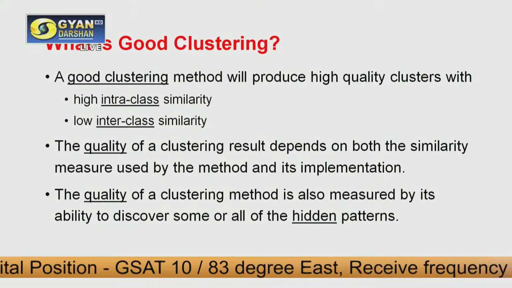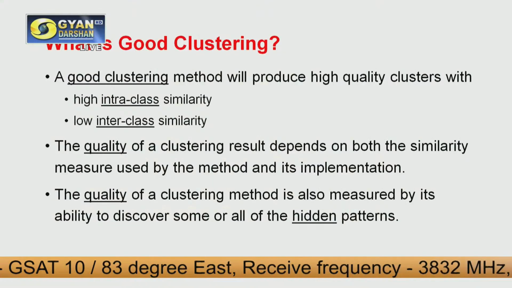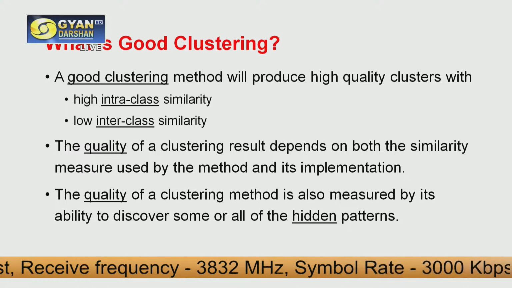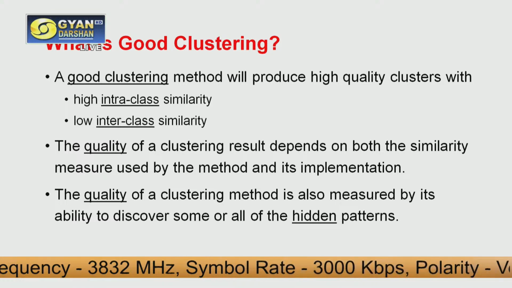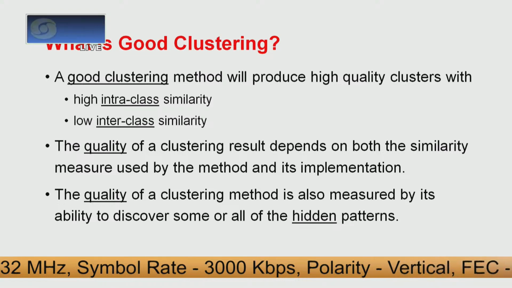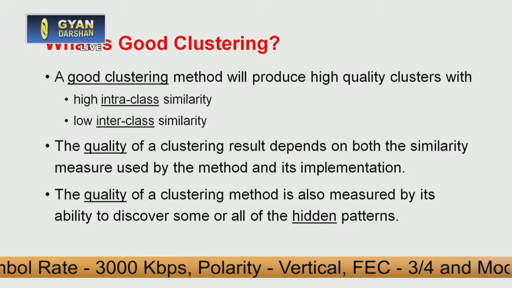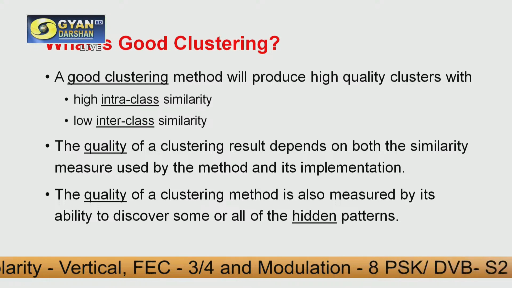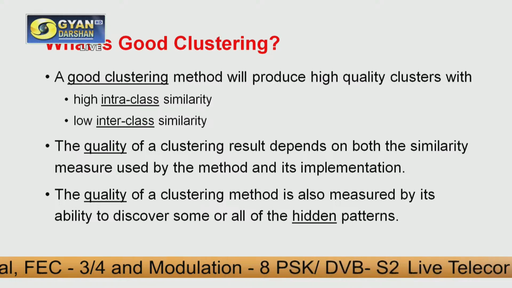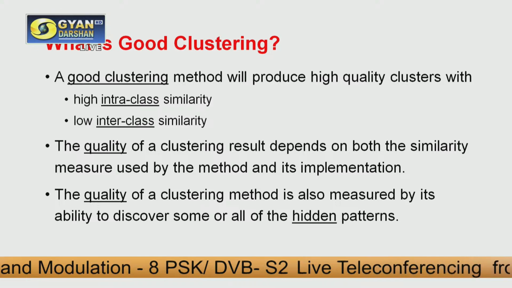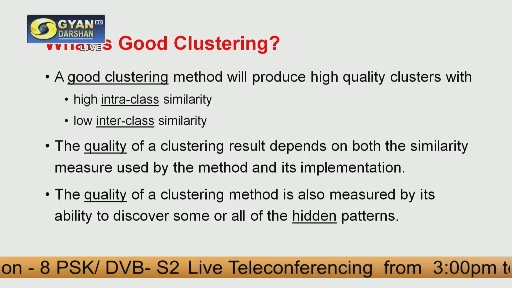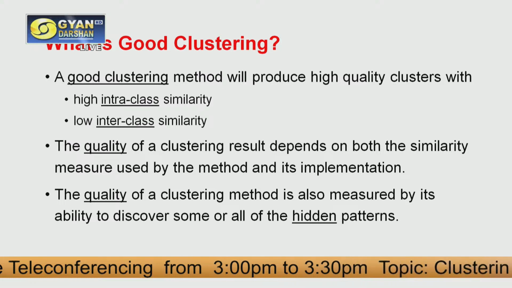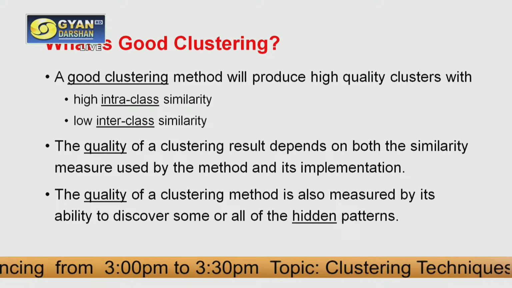So now let's understand what exactly a good clustering means. Just now we started with defining what a cluster is, which is a set of similar items, right? And these similar items are based on some kind of similarity. One such similarity, which we use in machine learning, data science and data mining, is distance based similarity.